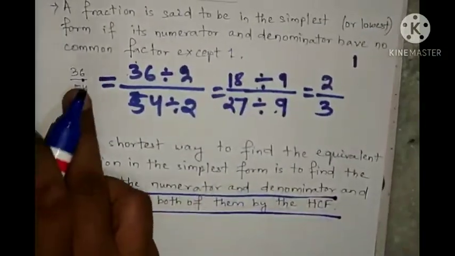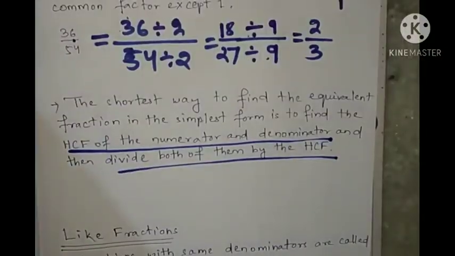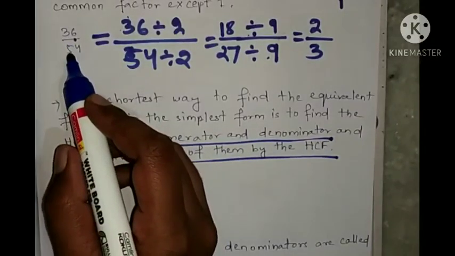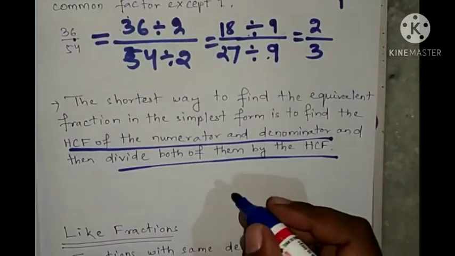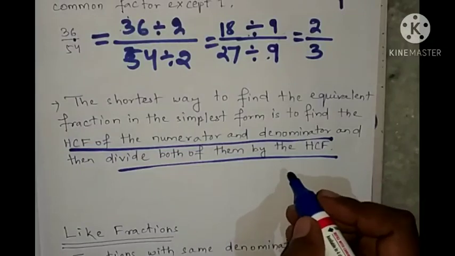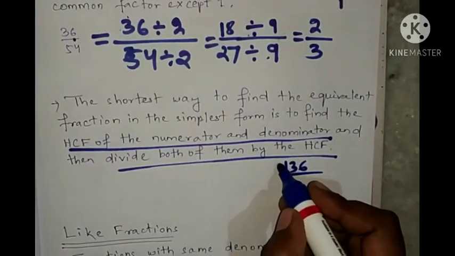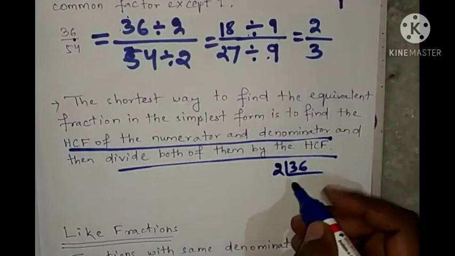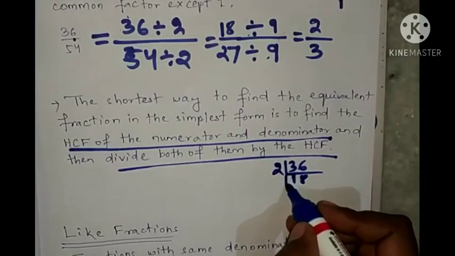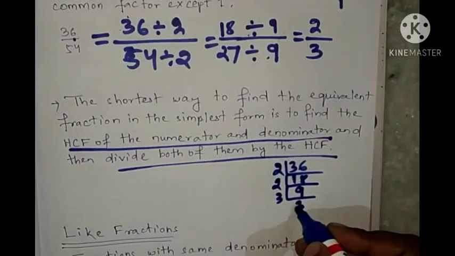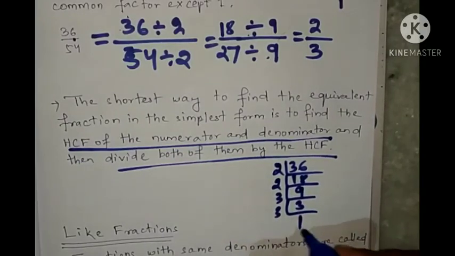Look, here 36 and 54 are given. 36 by 54, so 36 is the numerator and 54 is the denominator. Find the factors. 36: 2 times 18 is 36, then 2 times 9 is 18, then 3 times 3 is 9, then 3 times 1 is 3.